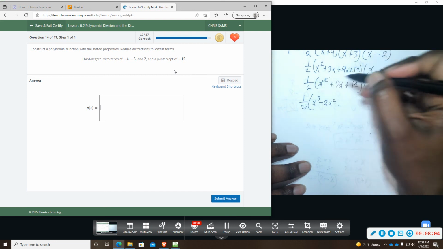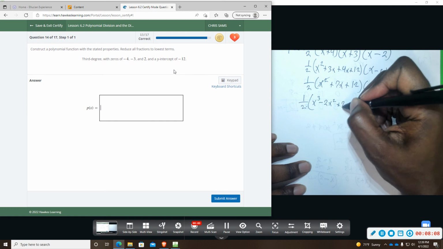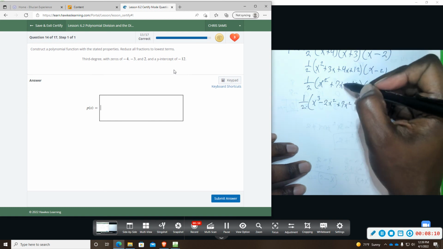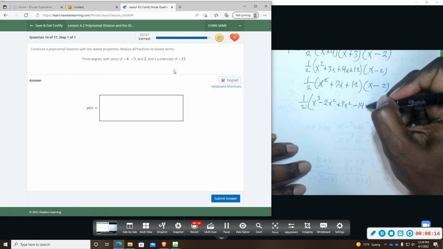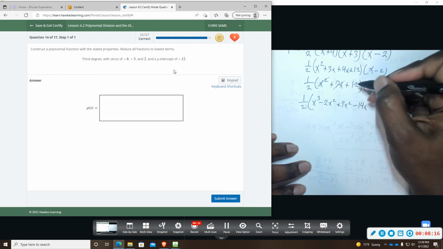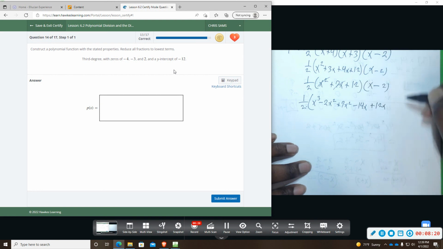All right, done with that guy. 7x times x, positive 7x squared. And then 7x times negative 2, negative 14x. Done with that guy. 12 times x, positive 12x. 12 times negative 2, negative 24.